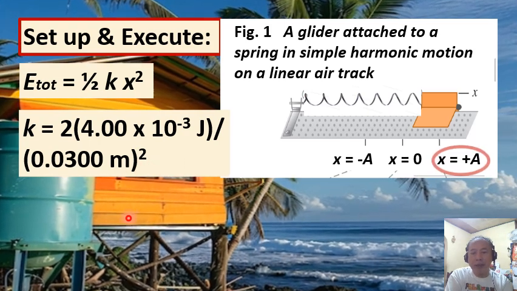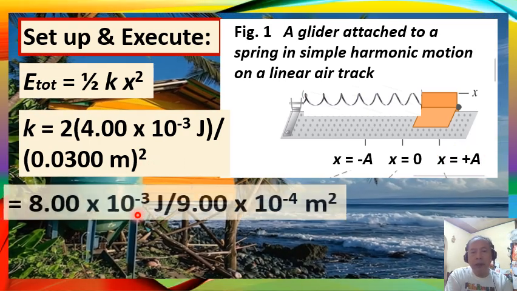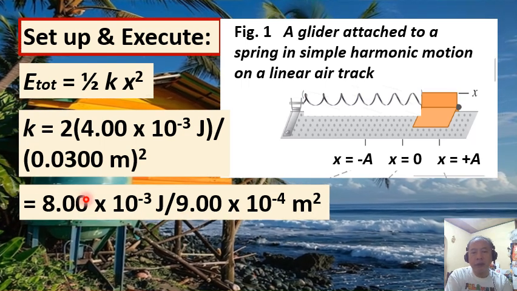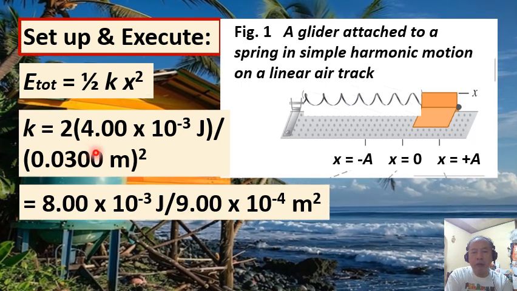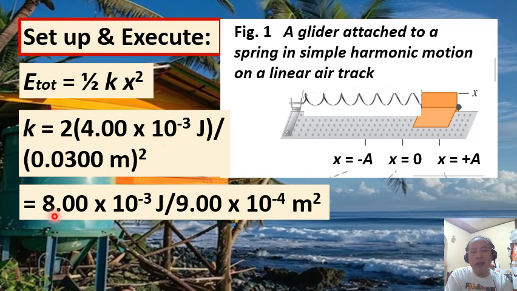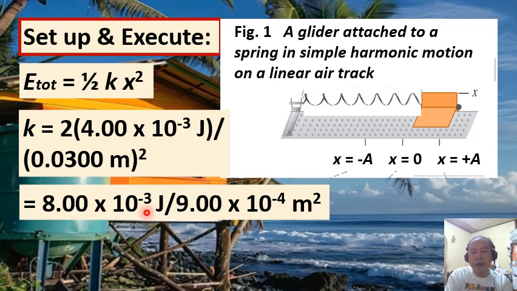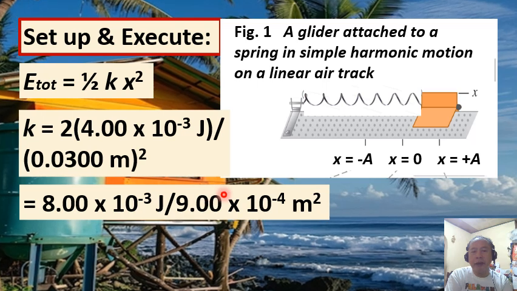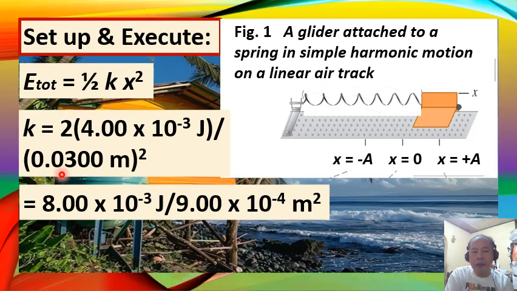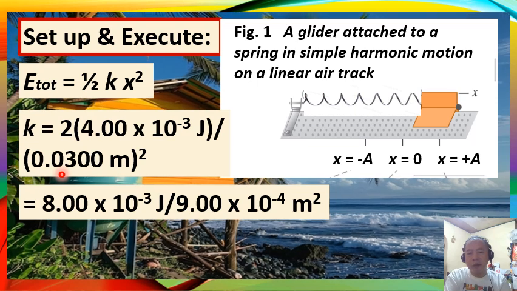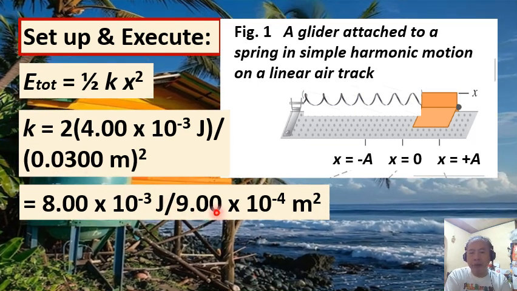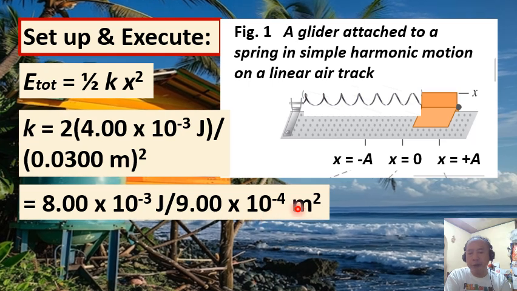So when we do our math, all right, we come up with this result. 2 times 4.00 times 10 to the negative 3 joules, of course, is 8.00 times 10 to the negative 3 joules. And then divide it by the square of the maximum displacement, 0.0300 meter, which is 9.00 times 10 to the negative 4 meters squared.